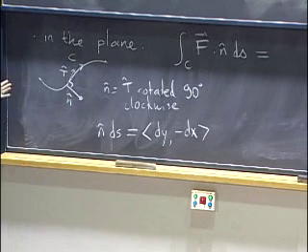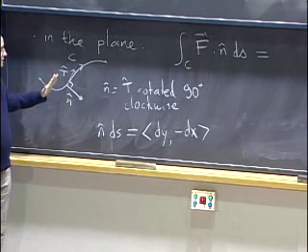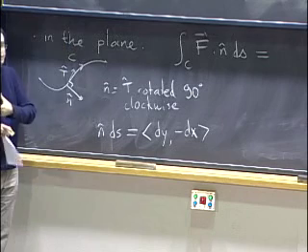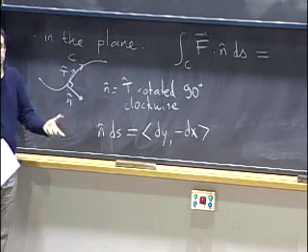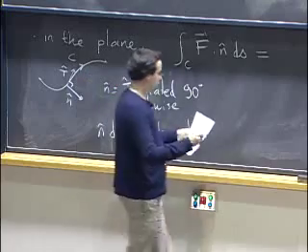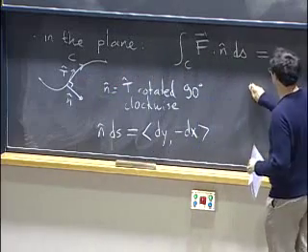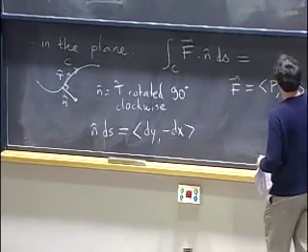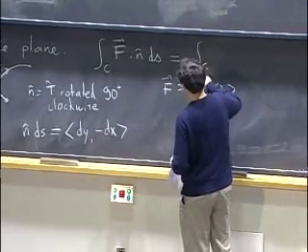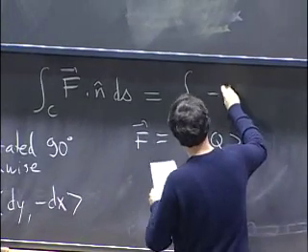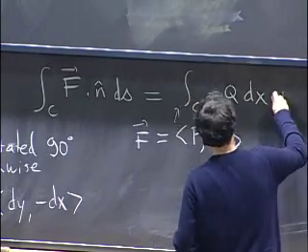In some cases, for example if the vector field is tangent to the curve, or if the dot product is constant, that might give you a very easy answer. But in general, the most efficient way is to say that if your vector field has components, let's call them P and Q, then it's the line integral of (P, Q) dot (dy, negative dx), which means negative Q dx plus P dy.